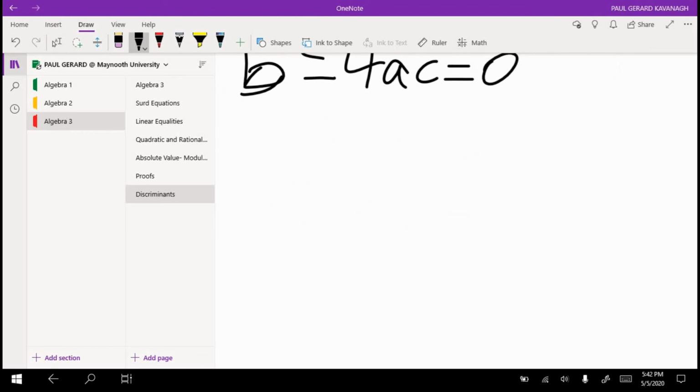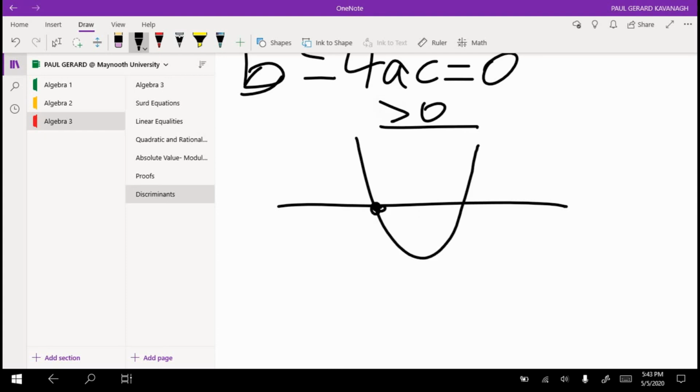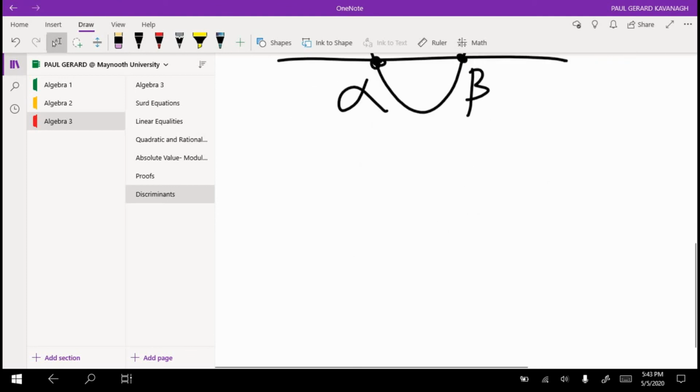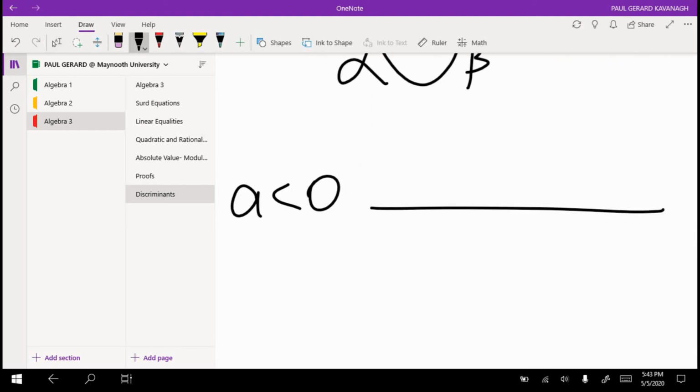So when we say it's greater than 0, then it's written as so, where you have points alpha and beta. So let's just write that. It's less than 0. Okay, so that would be how you would represent that, and that is when a is greater than 0. And how you would write it when it is less than 0 is the other way, inverted, where you have point alpha and point beta.